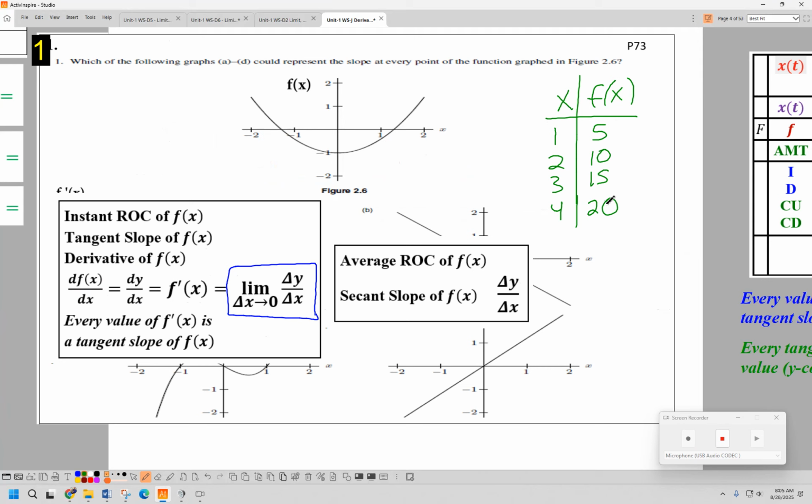That's an average rate of change. A rate of change always compares how two things are changing.